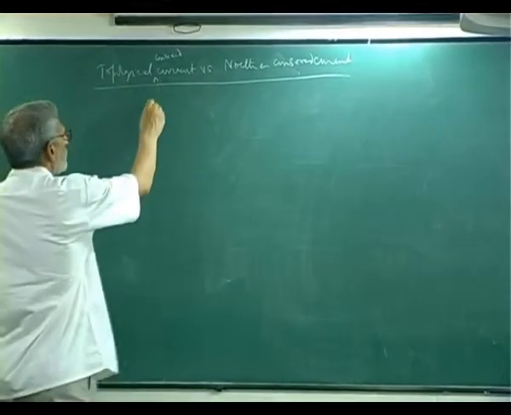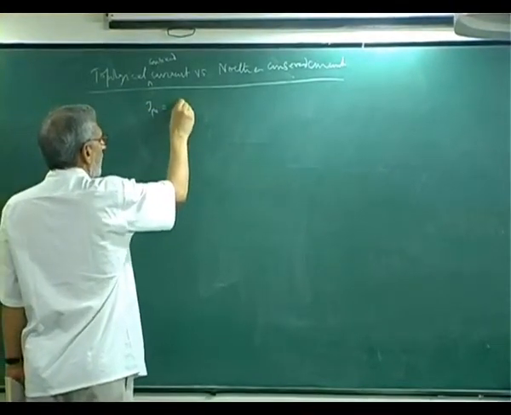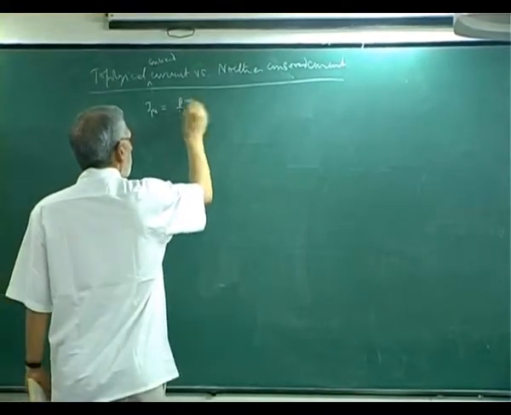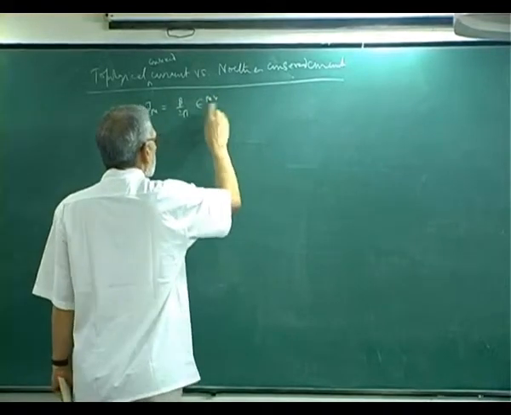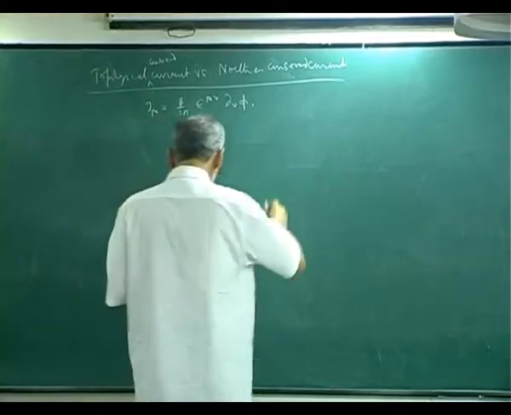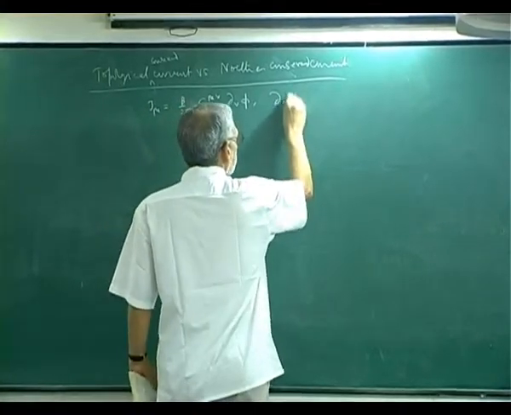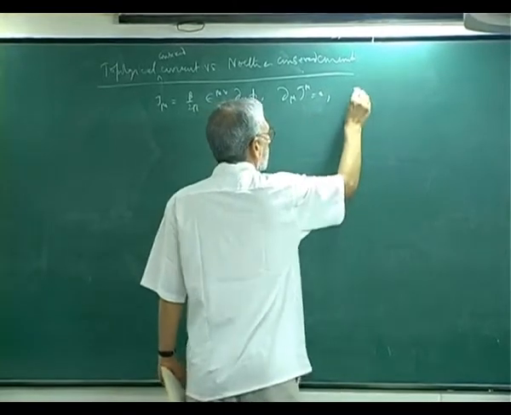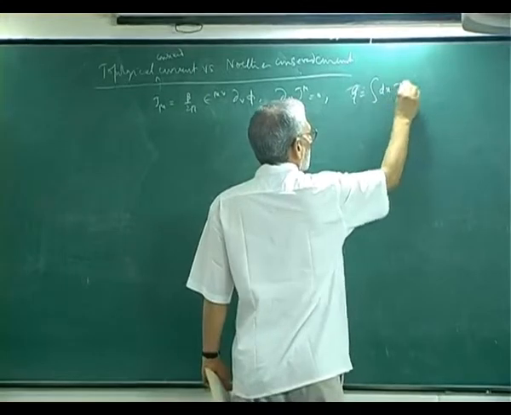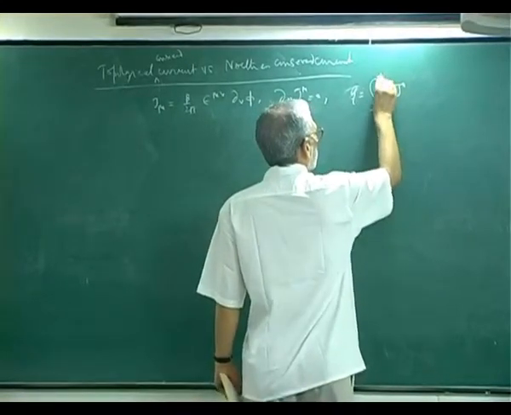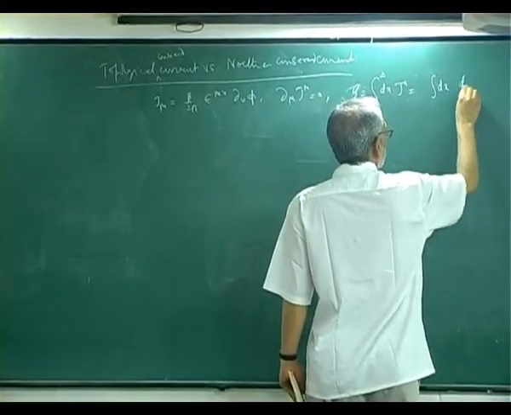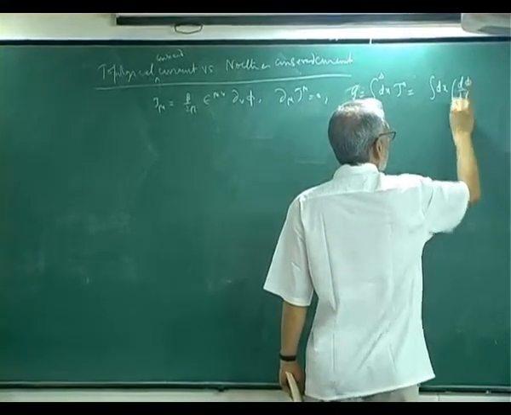To remind ourselves, what did we say? The topological current we had is beta by 2 pi epsilon mu nu d nu phi, and this was conserved. The corresponding charge was Q equals the integral dx of J0, from minus infinity, which is d phi by dx.